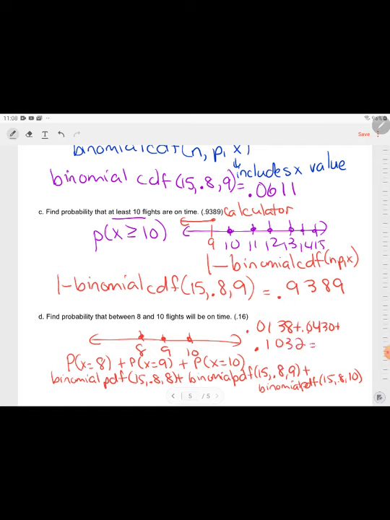Okay, so if I add those up, and notice I've rounded these, I get 0.16.